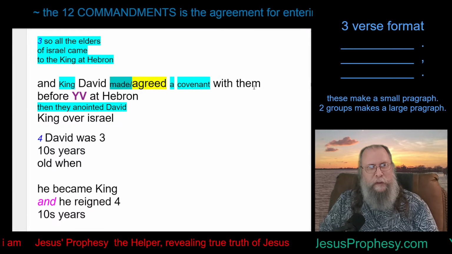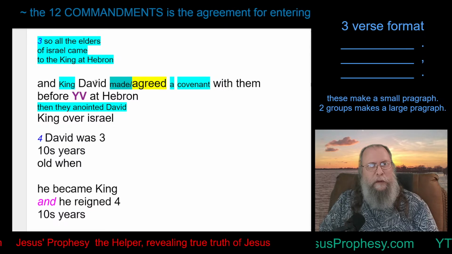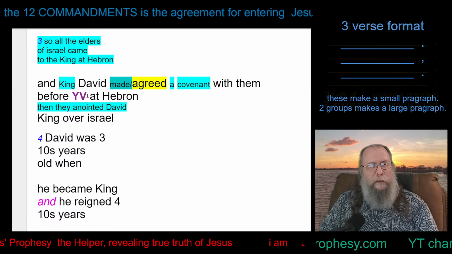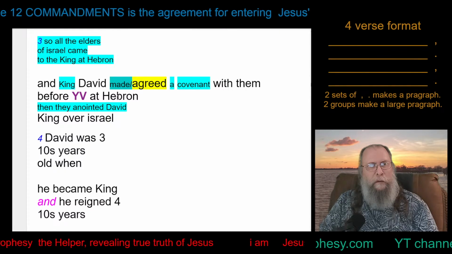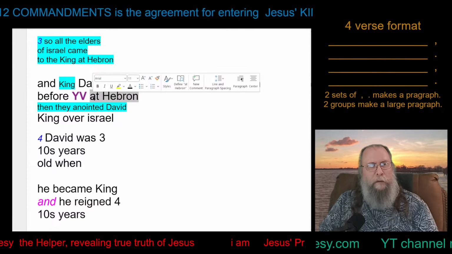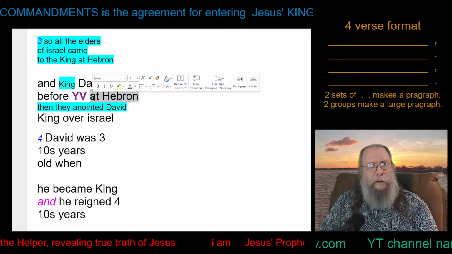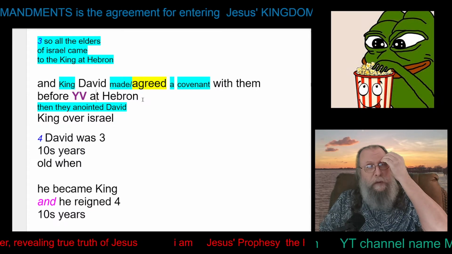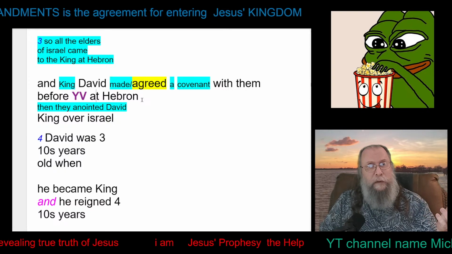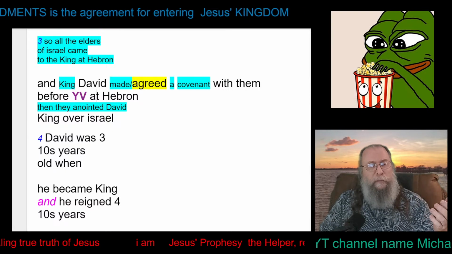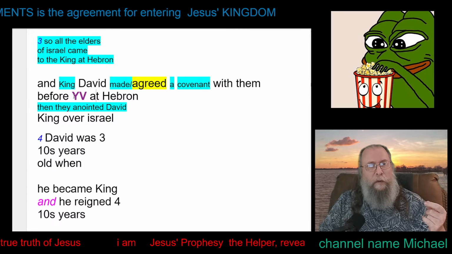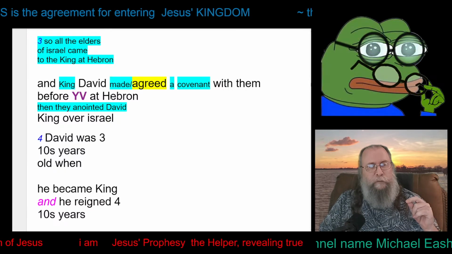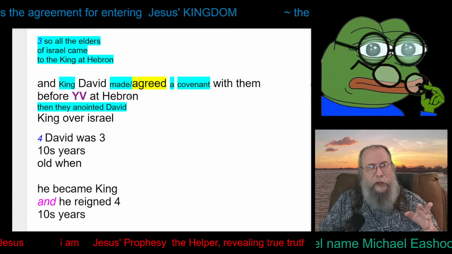I think that's the intent of this, anyways. And David agreed with them before YV. Now that means this would have to be before his tent, if it's before. Well, the tent of meeting is still up in Shiloh.